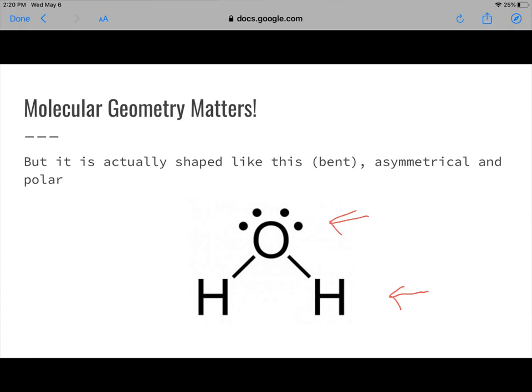The top has an oxygen and the bottom has hydrogens. So the oxygen side is negative and the hydrogen side is positive. And this is very important for water because it gives water a lot of the properties that help it to be so important for life.